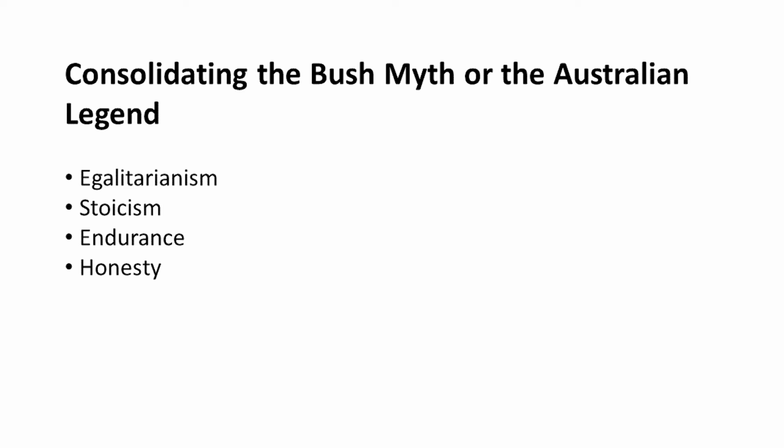We start to also see archetypes emerge of the Aussie battler, of the stockman, the drover. We have a lot of characters that emerge as people that can survive.